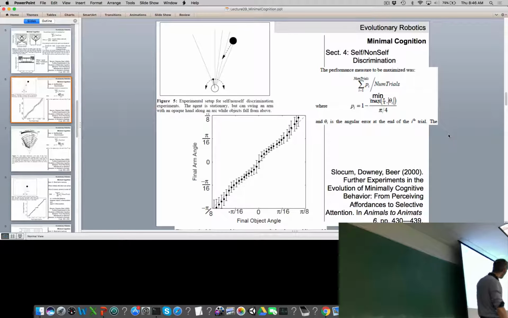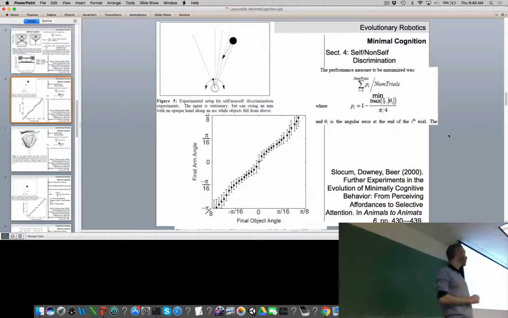Okay, so why min of pi over 4, theta sub I? So it's just if the angle is less than 45 degrees, then I want to take the minimum difference of that, I guess. That's right. So if the angle theta sub I is greater than pi over 4, just don't worry about it.